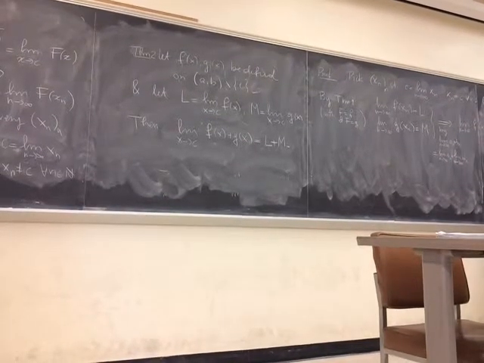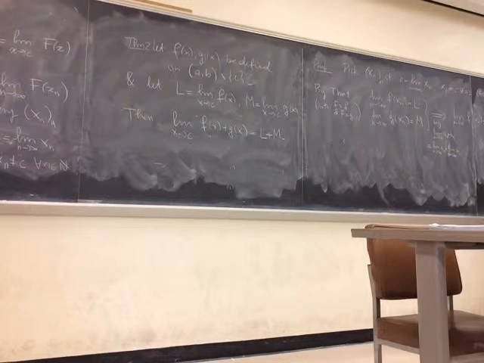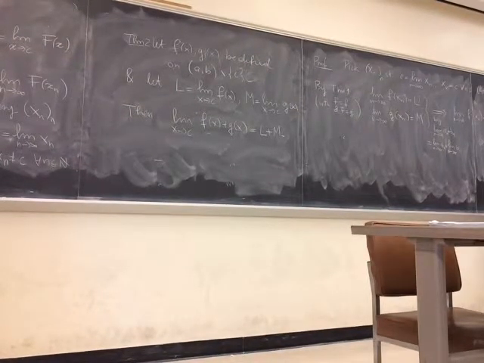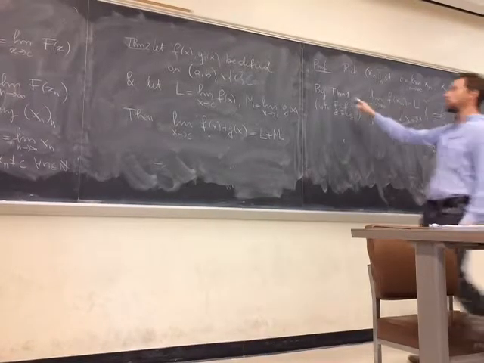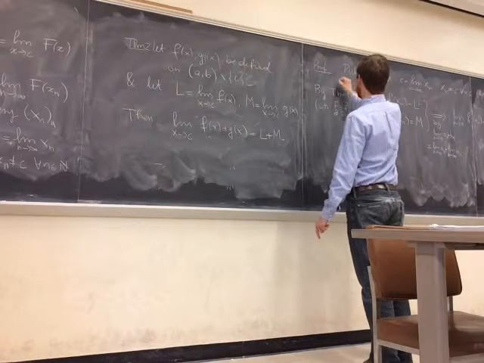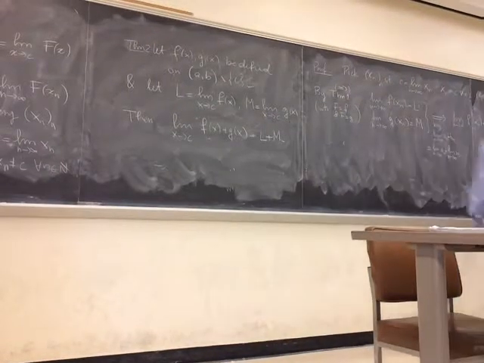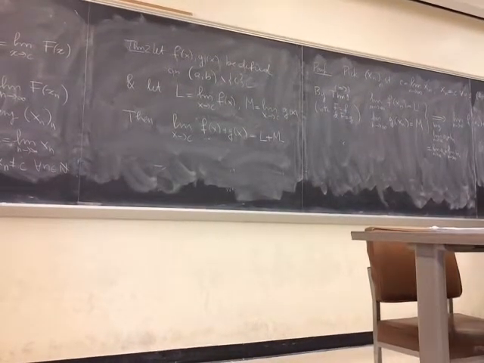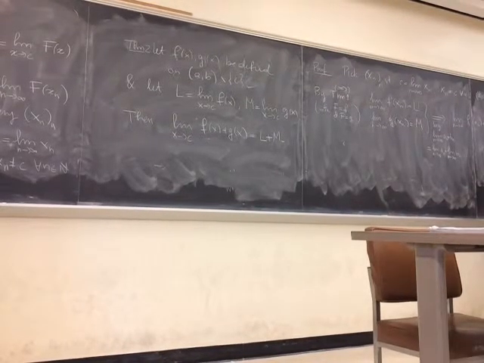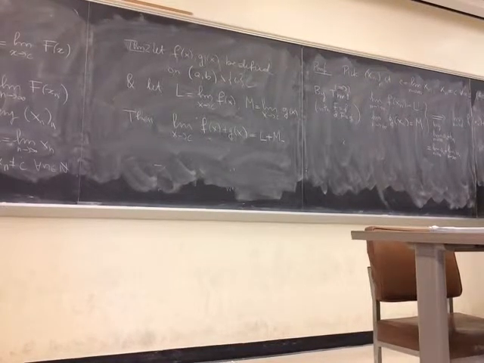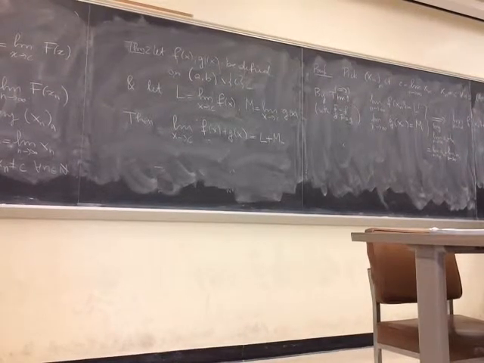So I use again theorem 1, this time with capital F equal to f plus g, and I use the reverse implication. Right? So here I was using theorem 1, the implication that goes from the left to the right. Now I'm using theorem 1, the opposite implication, with capital F equal to f plus g, to say that the limit as x goes to C of f of x plus g of x is equal to L plus m.